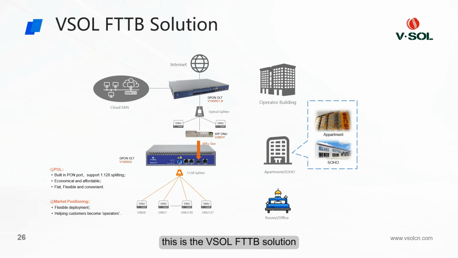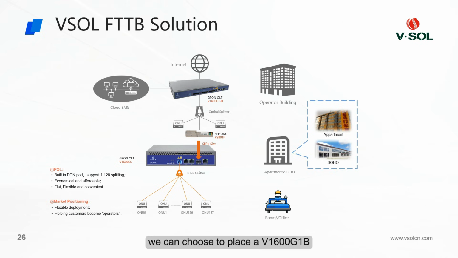This is the VSOL FTTB solution, which means fiber to building. The demand for office buildings is diverse, with some rooms having a high demand for business and others having a low demand for business.